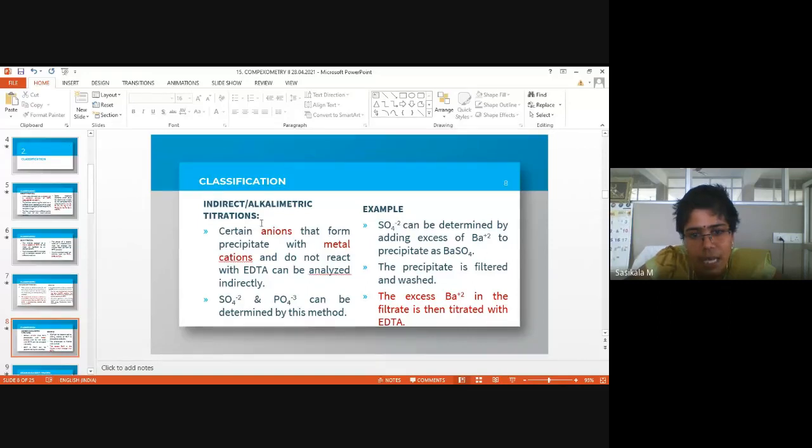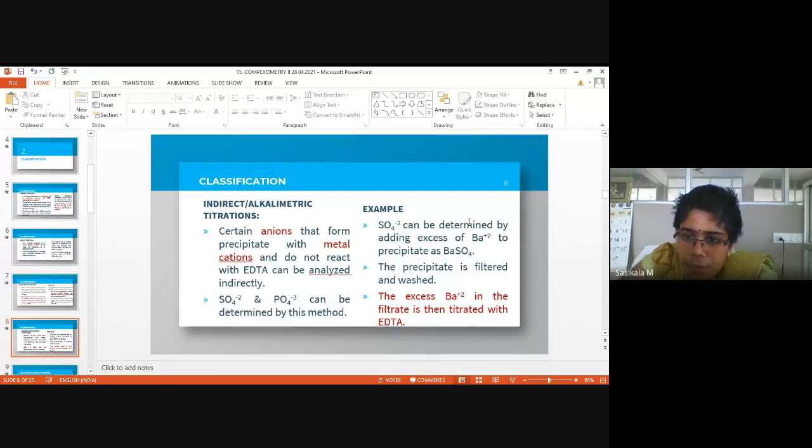Likewise, certain anions give precipitates with metal cations, and they do not react with EDTA. Once the precipitate is formed, it will not react with EDTA. So we cannot directly analyze this type of anion that forms precipitates. In that case, sulfate and phosphate can be determined by this method. How?